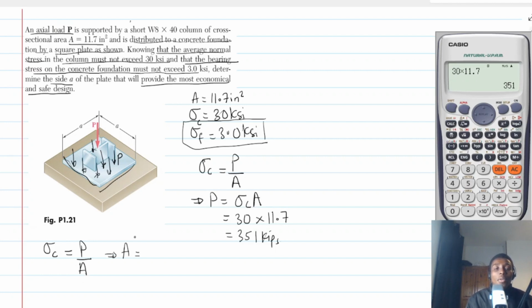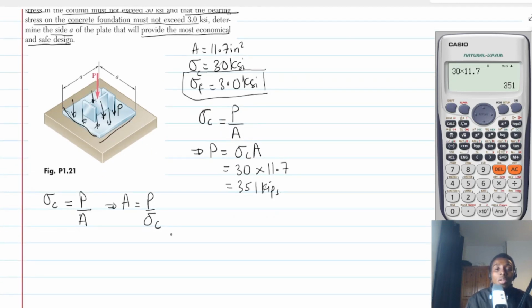Therefore, the area of the plate is going to be the load divided by the stress, and this is the foundation.